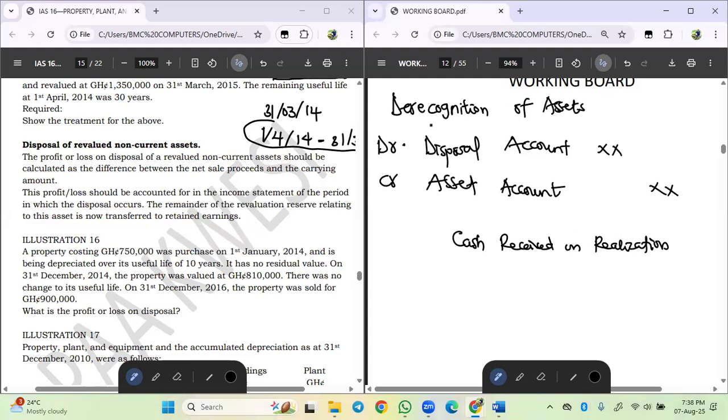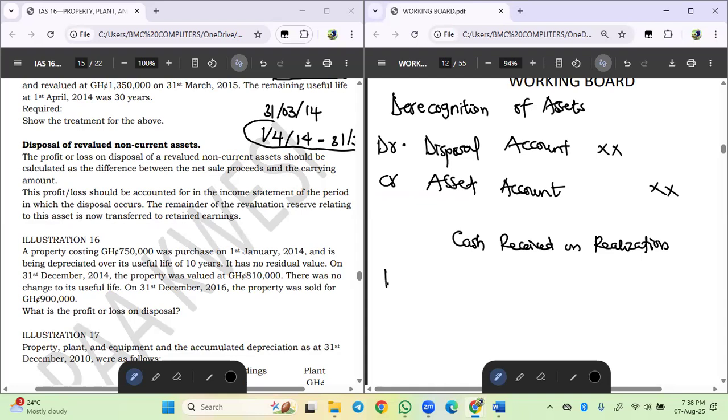So this is the first case, what you do to derecognize the asset. Debit the disposal account, credit the asset account, then you've derecognized it. It means you've eliminated that particular carrying amount from the books, or from the statement of financial position.